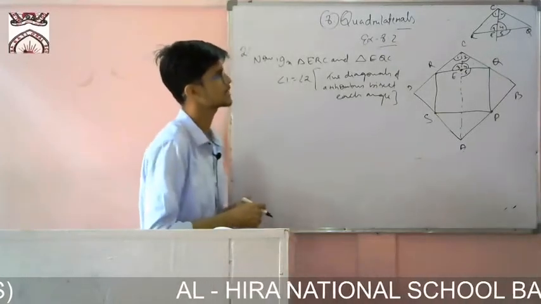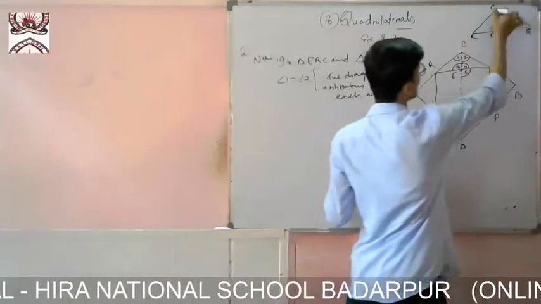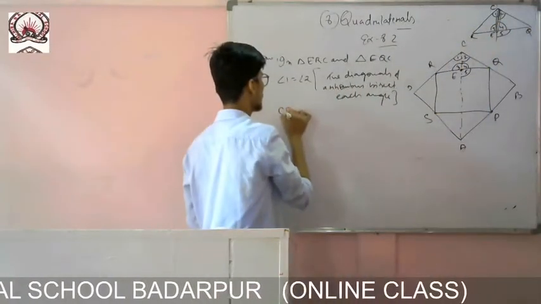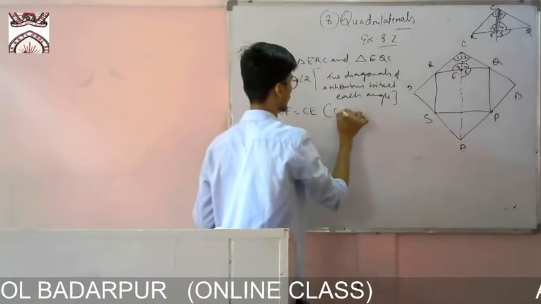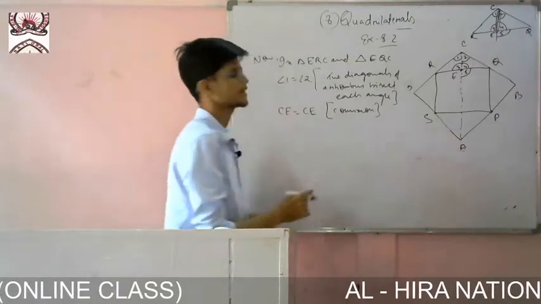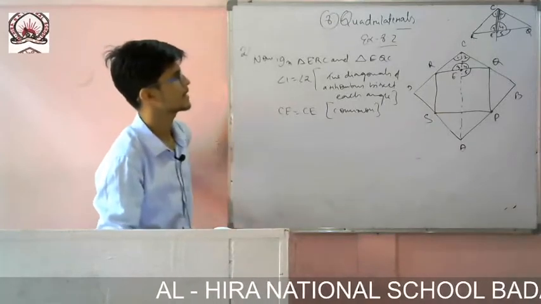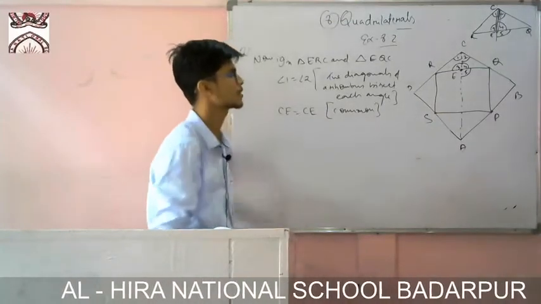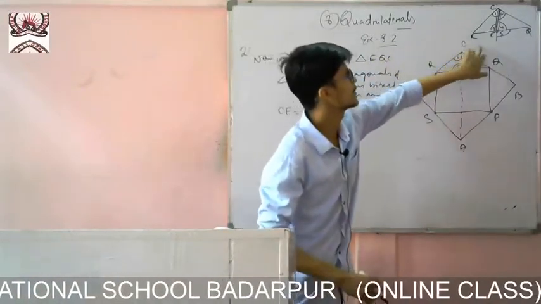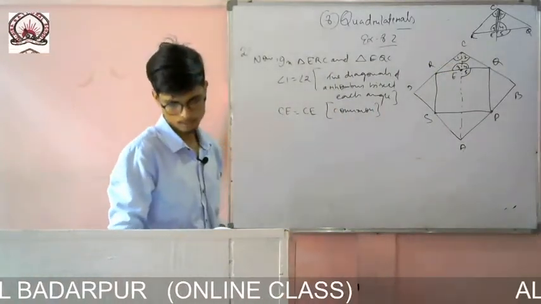Then I can write, you see here, CE is the common side of both triangles. There is C, there is E. This side is common for both. So CE is equal to CE. Okay. And I can write CR and EQ are also the same, because DC is the side and this is the midpoint. That means this part and this part are equal, and in a rhombus all the sides are equal, so the parts of the midpoint will also be equal.